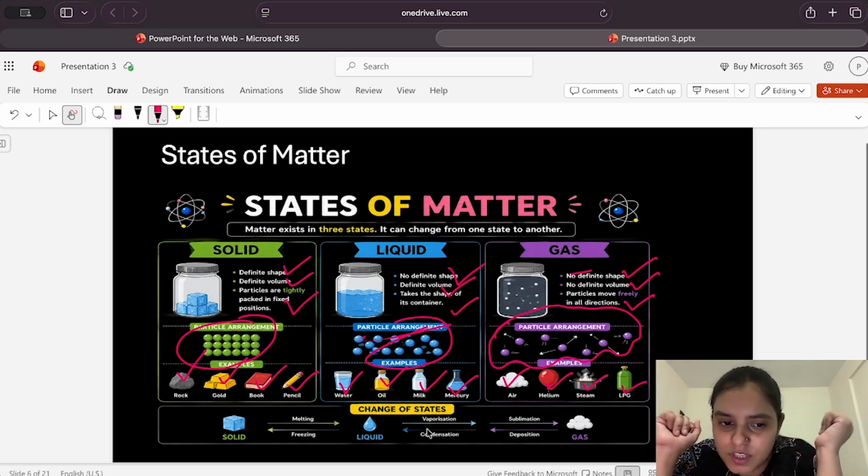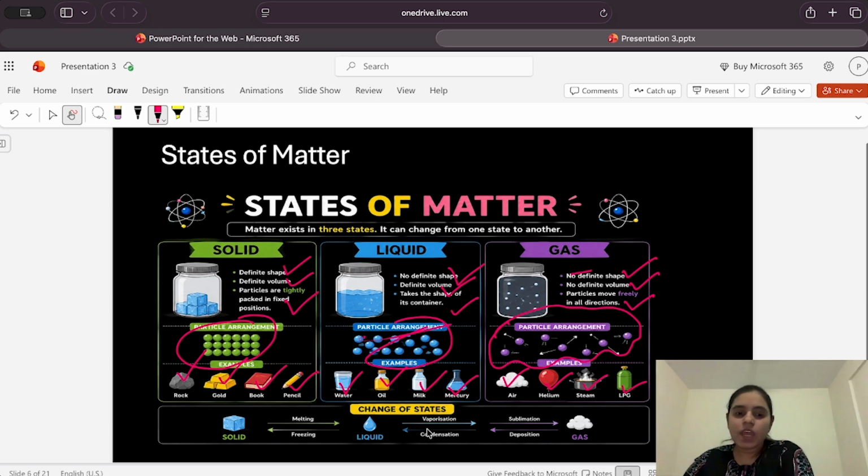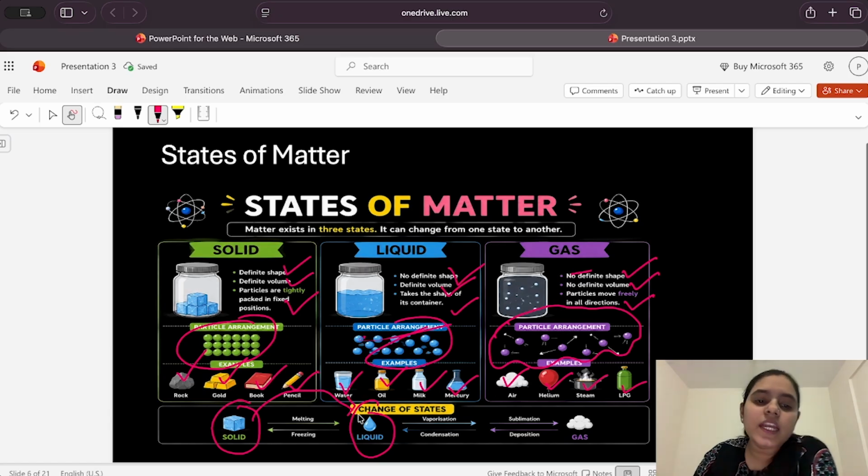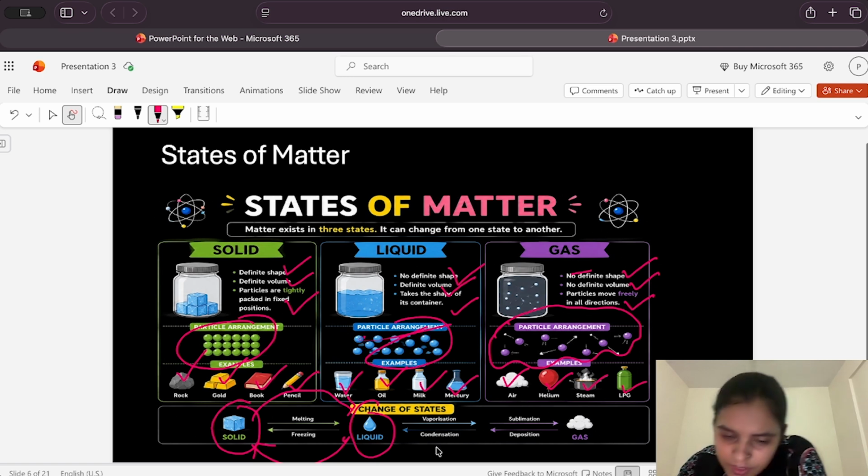Do you know that process? When solid is converted into liquid, this process is called melting. And if liquid is converted into solid, then this process is called freezing. What about liquid being converted into gas and gas reversing back to liquid?